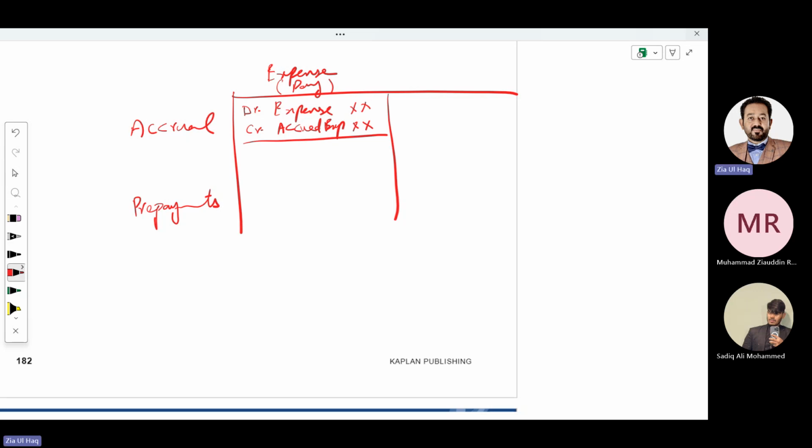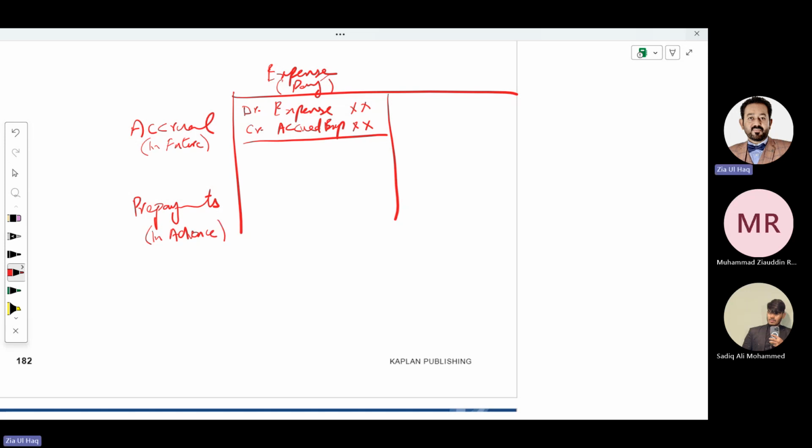If it is prepayments, it means in advance, we have paid in advance. In case of accrual, we need to pay in future. Accruals mean in future and prepayments mean in advance.